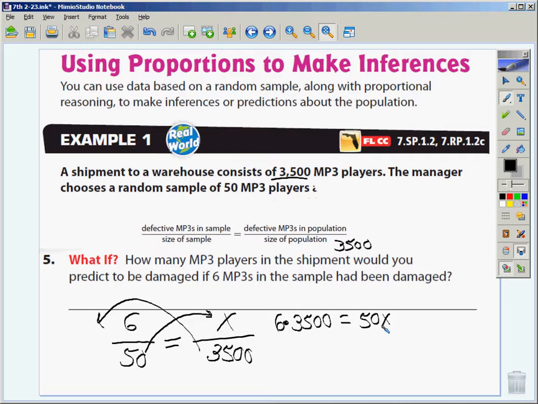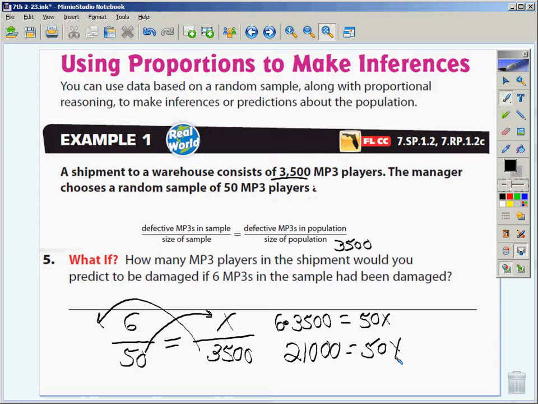Somebody take 3,500 times 6. 6 times 3,500 is 21,000. How would I get x by itself?